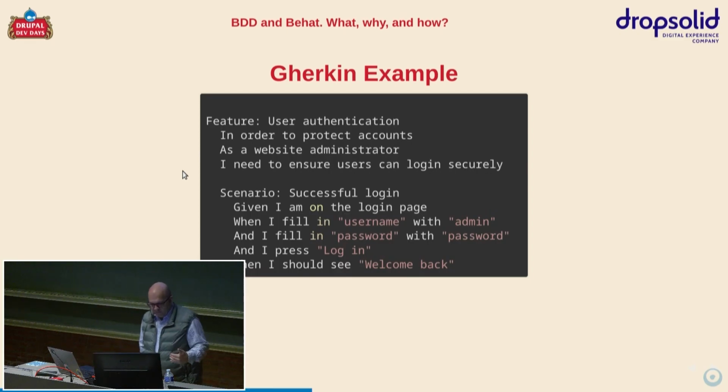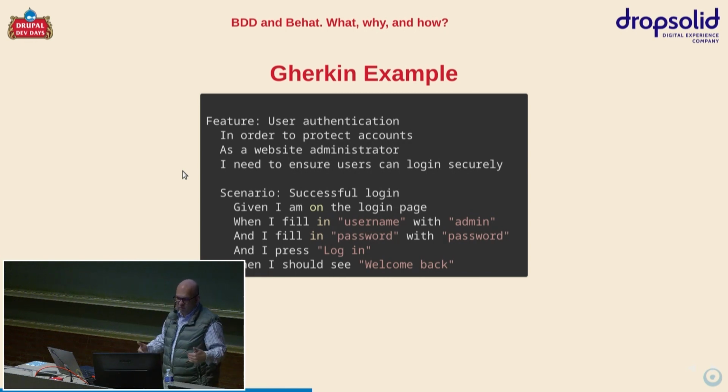For every line in this scenario, I need a function inside a special PHP class called feature context, which is called a step definition. Every step definition may have arguments. For example, given I am on the login page, it could be a step definition that takes the last part, the login page, as an argument.